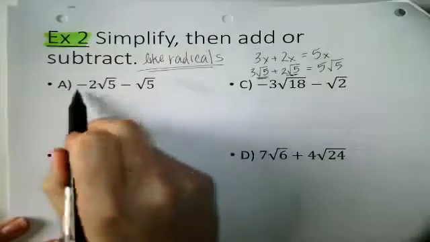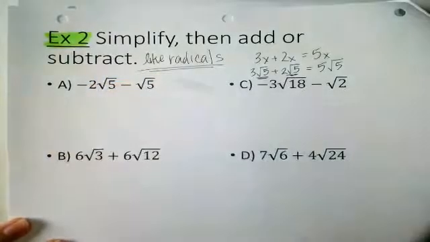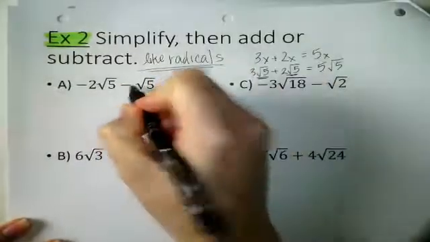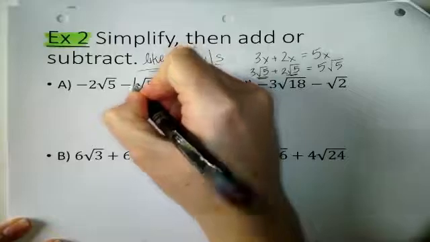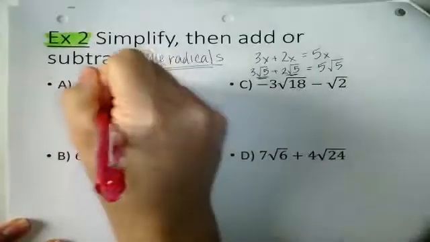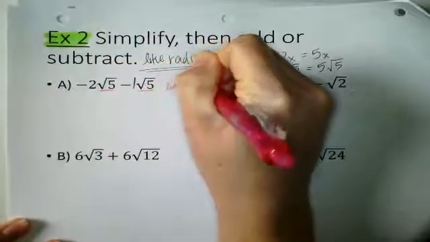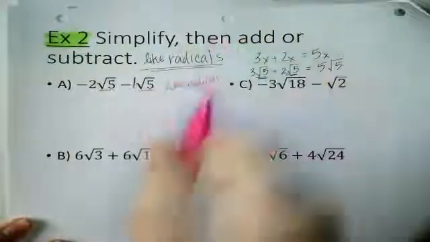So here, it's important you see here we have a coefficient of -2 with a radical 5. And here I have a negative, what I can put in a 1 radical 5. So these are like radicals because they both have the radical 5.